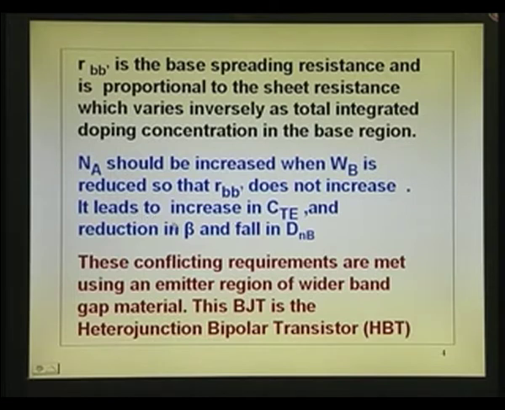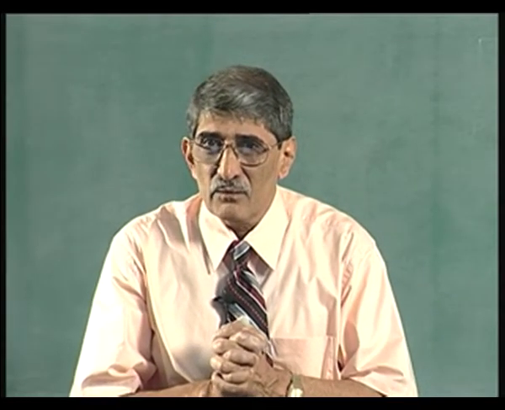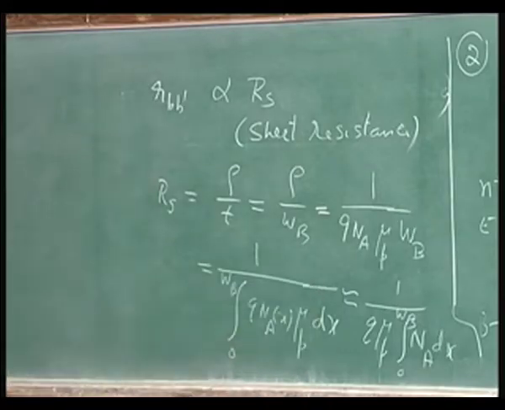It leads to, what does it lead to? When you do this doping increase in the base region, what are the parameters which are getting affected? Okay, let us just take a look at that. So, when you increase the doping in the base region, several things can happen.